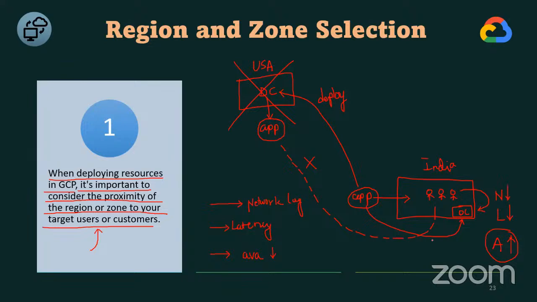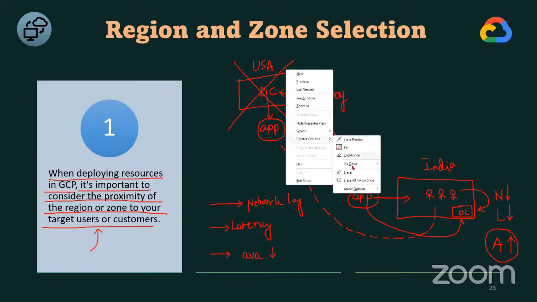So they will like your application, and that's where they start utilizing it. So whenever you want to deploy resources in Google Cloud Platform, it is important to consider the proximity of the region or zone to your target users. In simple words, try to deploy your application near your target users or customers. That is what your first point says.